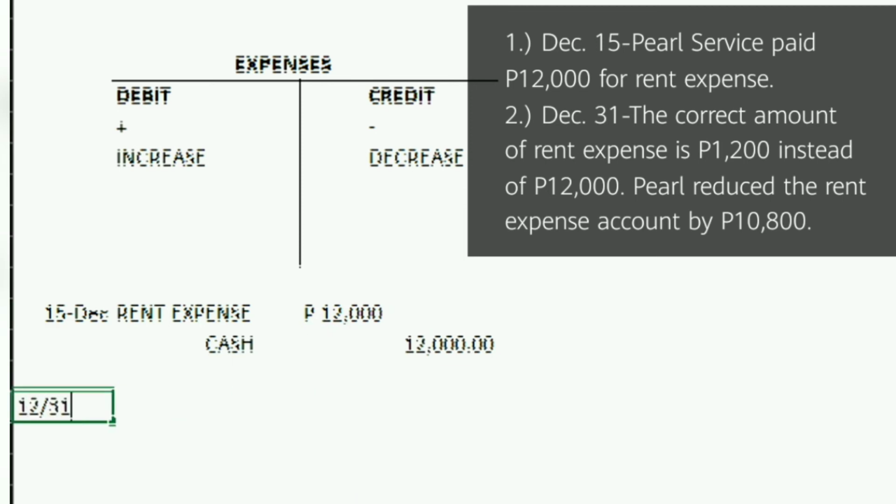Next, on December 31, the correct amount of rent expense is 1,200 instead of 12,000. Pearl reduced the rent expense account by 10,800. So, at the end of the month din daw, nag-check siya ng mga libro niya, nakita niya na mali yung recording.